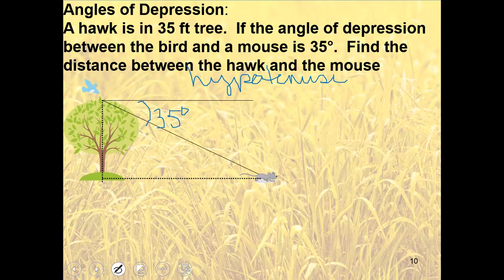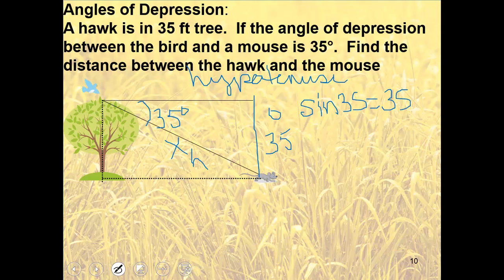So we know again that the tree is 35 feet. But now we're looking here. So which trig function would we use for that? Well, this is an opposite, and this is a hypotenuse. So I'm going to use sine. Sine of 35 degrees is equal to 35, my side opposite, over my hypotenuse, which is x.